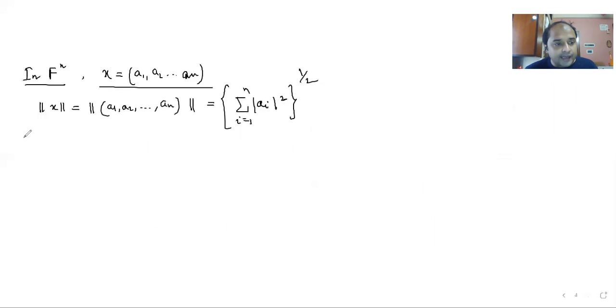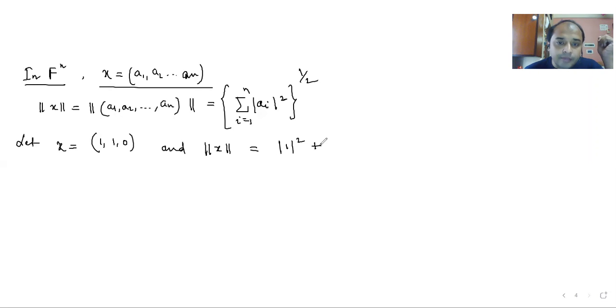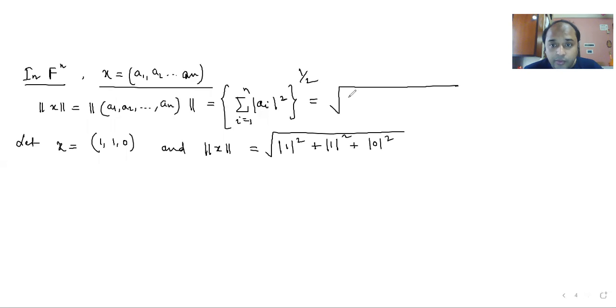So let x equal (1, 1, 0). If it is so, then the norm of x is equal to the square root of mod 1 squared plus mod 1 squared plus mod 0 squared. Why is it so? Because if I expand it, we get mod a1 squared plus mod a2 squared plus ... plus mod an squared.